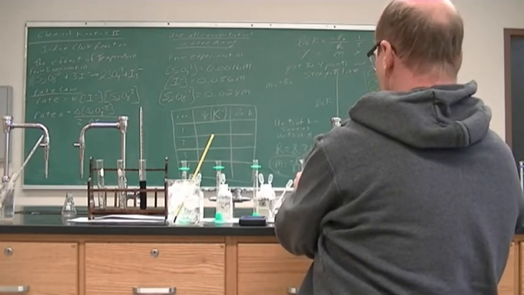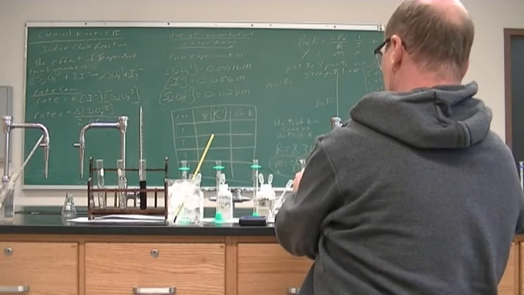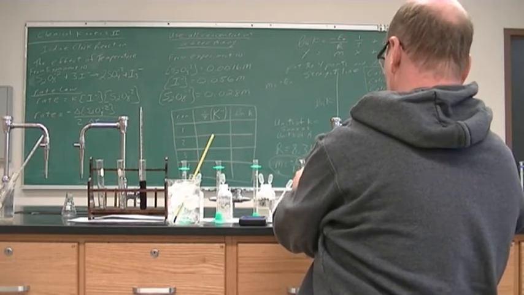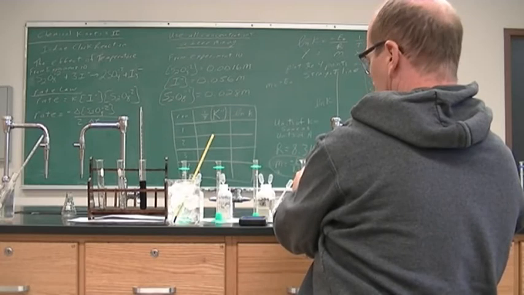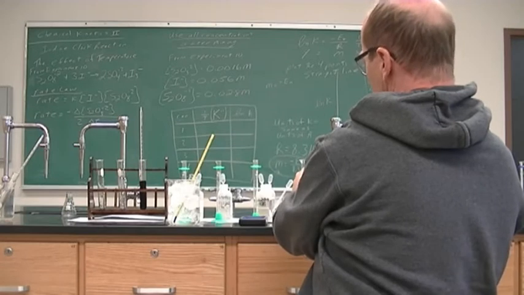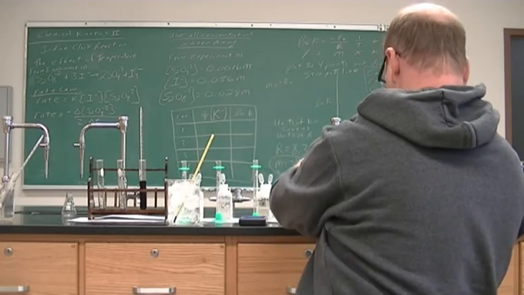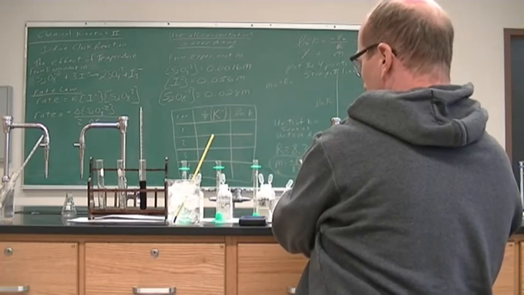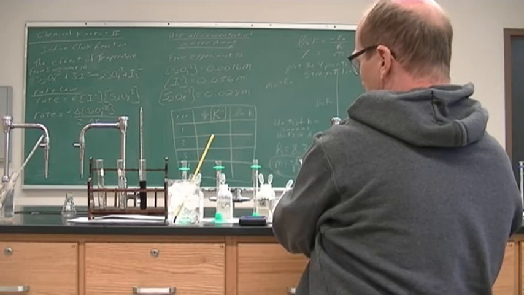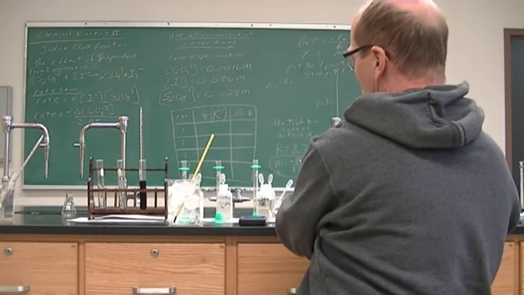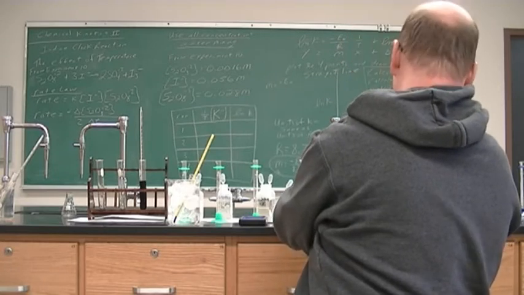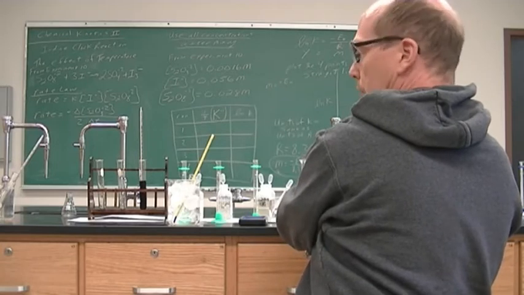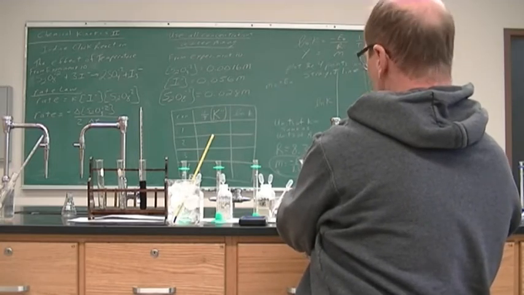I'm going to mix this up for a minute. After I mix it for a minute, I will check the temperature again, make sure it's still at 9.5, whatever it is. On my next reading, that's what we're going to use.